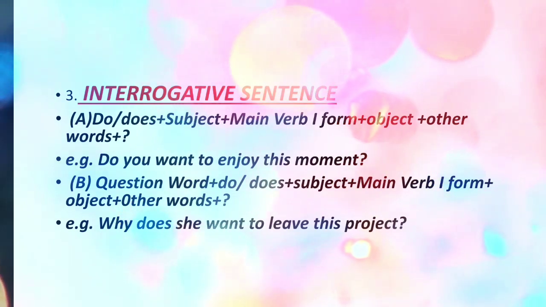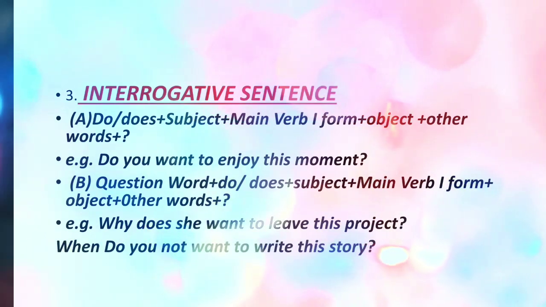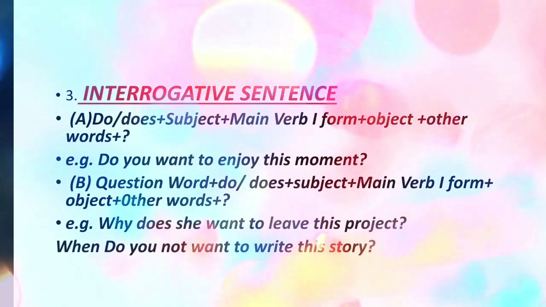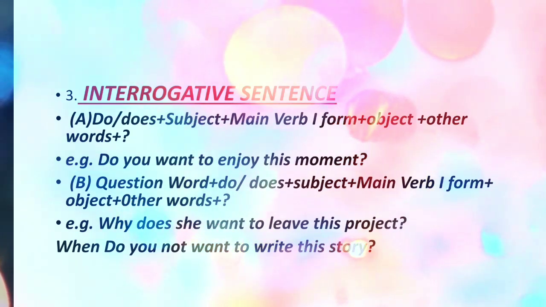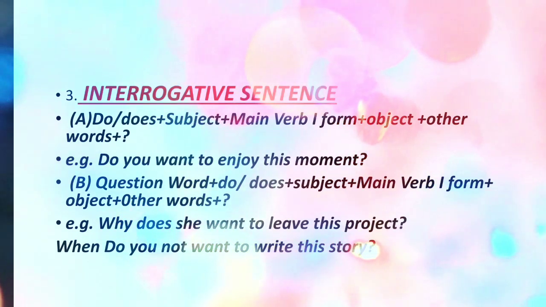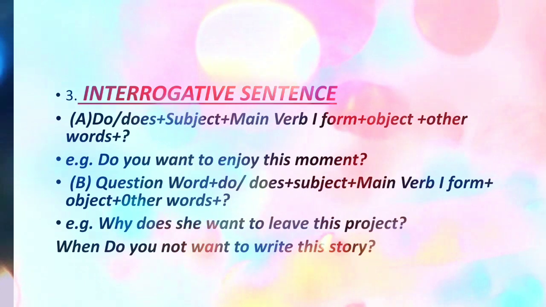Other examples, as for the negative sentence also: when do you not want to write this letter? So here do is as per the subject, when is the starting word of the sentence, that is the interrogative word, and want is the main verb.